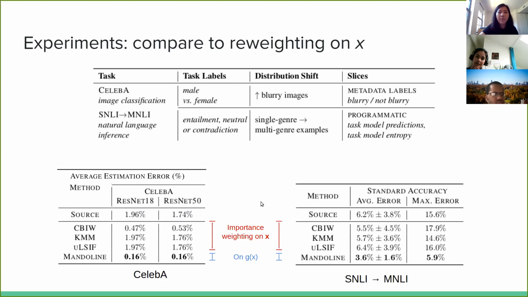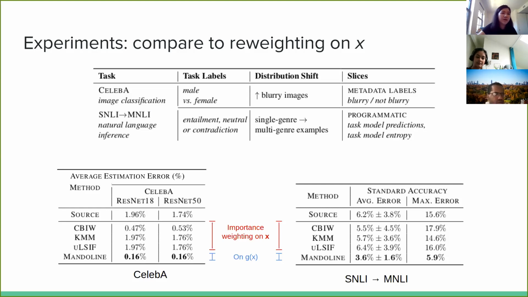Yeah, so I guess we didn't include the true target distribution goal, but the source is the error of our model on the source data set. And these percentages are how far, it's a little bit meta, the error of the importance weighted estimation is compared to the target, the true target data's estimation.